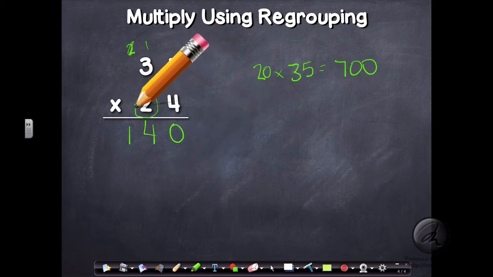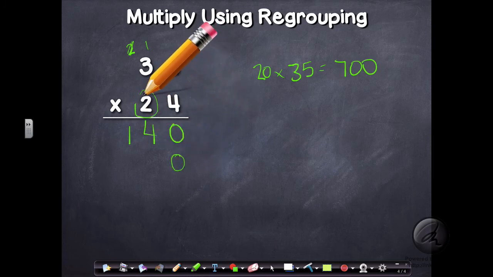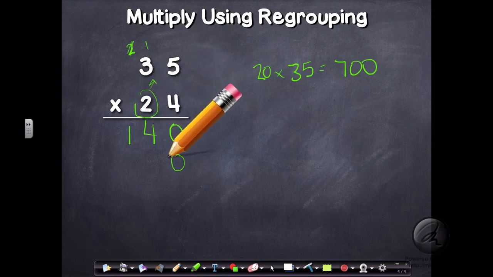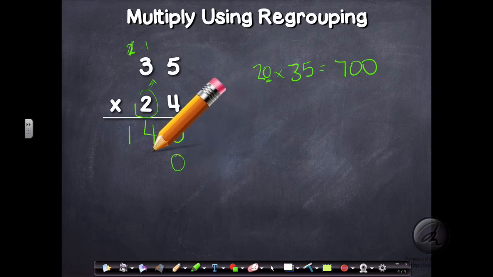So what we can do with this digit that's in the tens place is we can take into account that whatever our answer is, it's going to have a 0 at the bottom. Whether this is a 20 or a 30 or a 40 or a 50, it's always going to have that 0 at the end, right? This 0 right here is always going to come into play. So whatever answer we get here, we know we're going to have to add a 0 to the end of it.